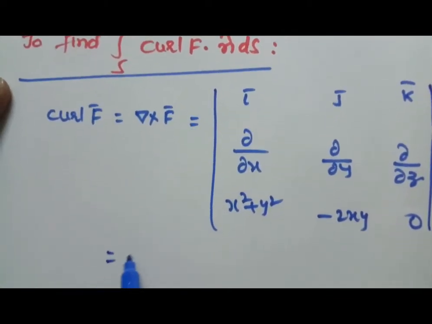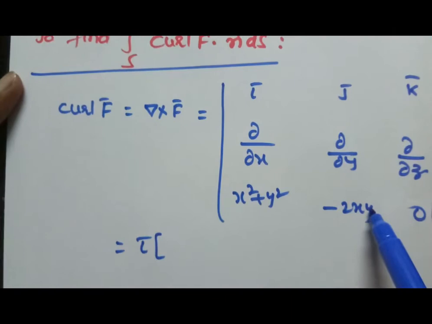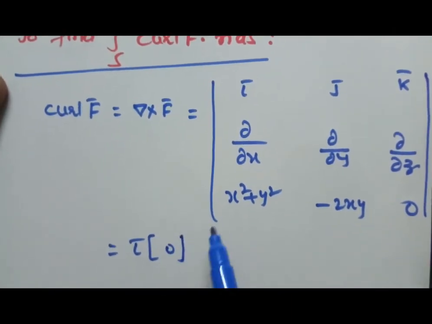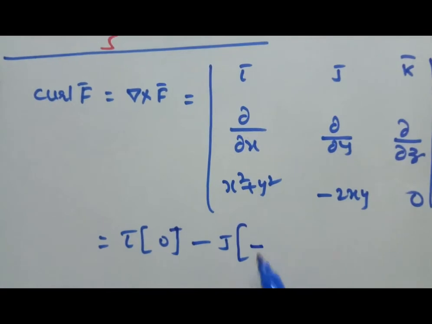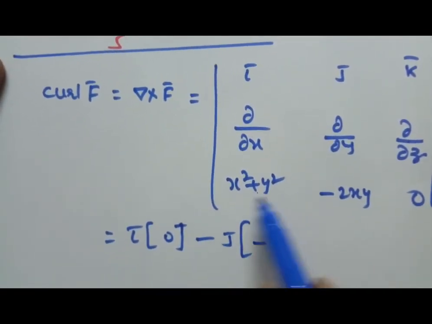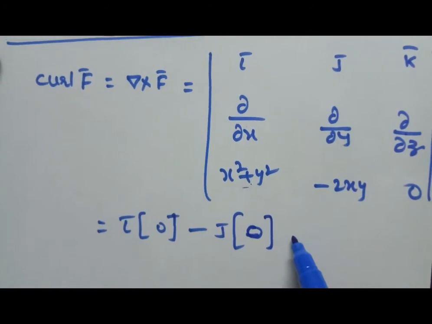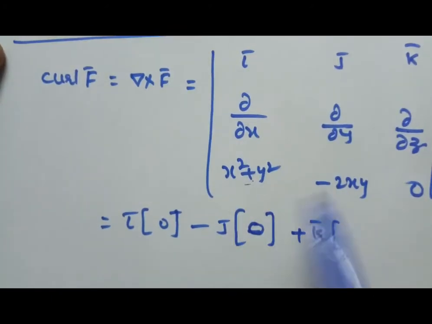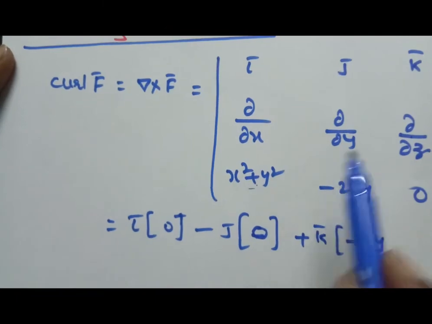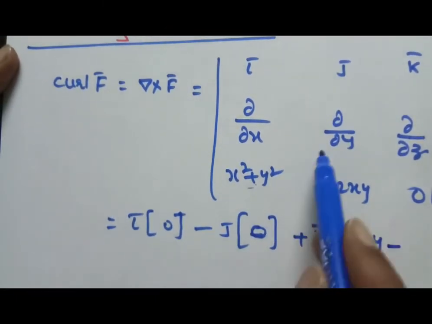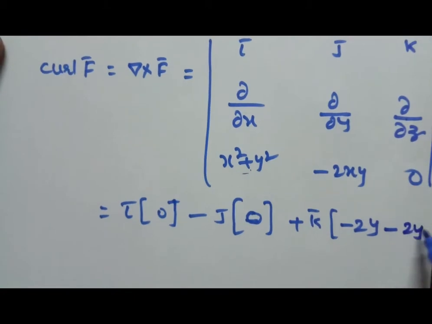This is equal to I bar into dou by dou y of 0 minus dou by dou z of, so 0 as x and y are constants, minus J bar into dou by dou x of 0 minus dou by dou z of, here also no z component as x and y are constant, this is also 0, plus K bar into dou by dou x of minus 2xy, with y constant, the derivative of x is 1, minus dou by dou y of x square plus y square; the derivative of x square is 0 since x square is a constant, and the derivative of y square is 2y.